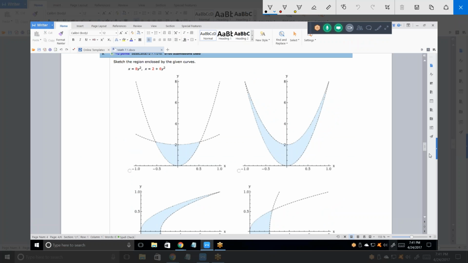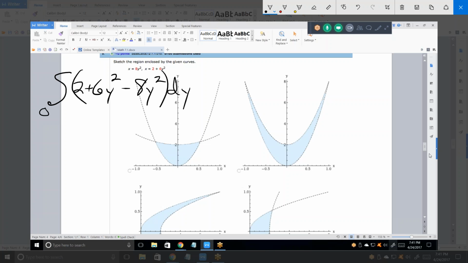So I'm going to take the integral of the one on the right minus the one on the left. I don't need parentheses because there's only one term there. dy, and I can certainly add parentheses there.